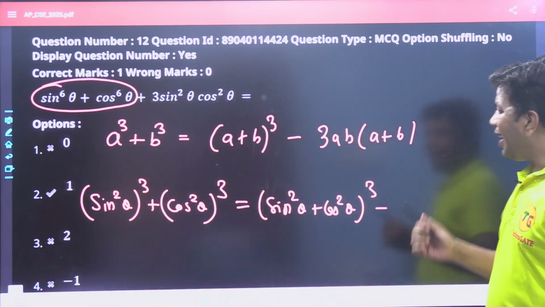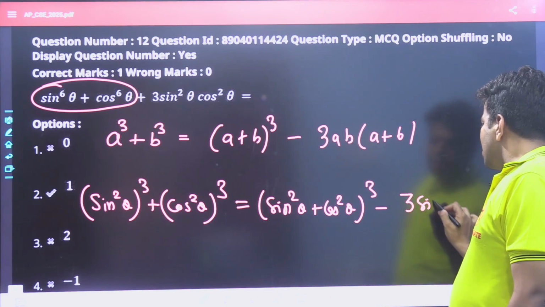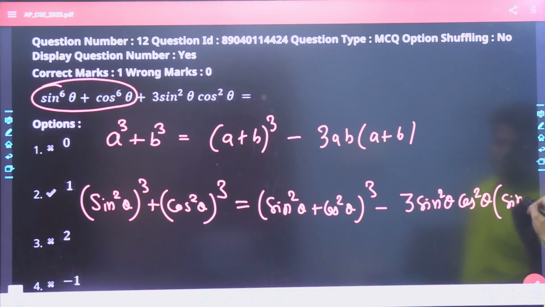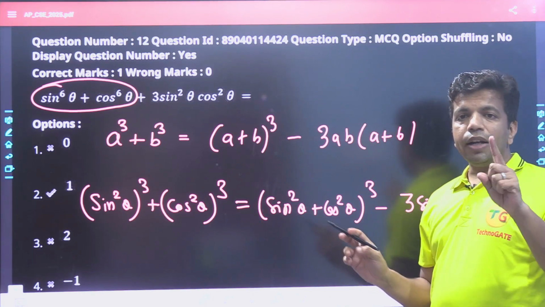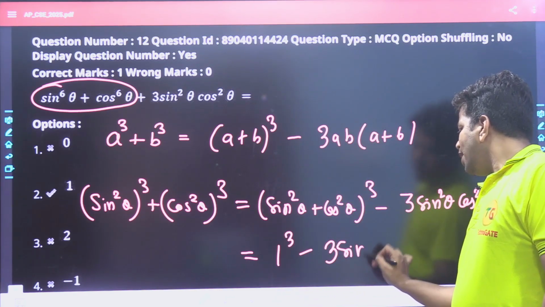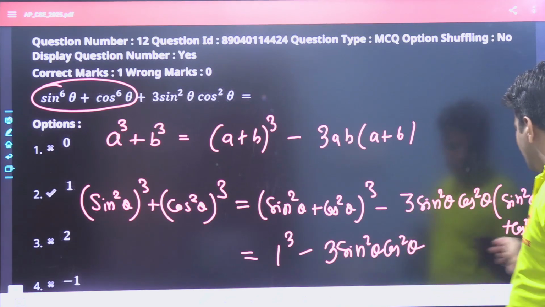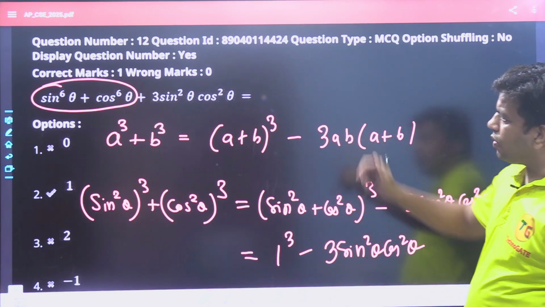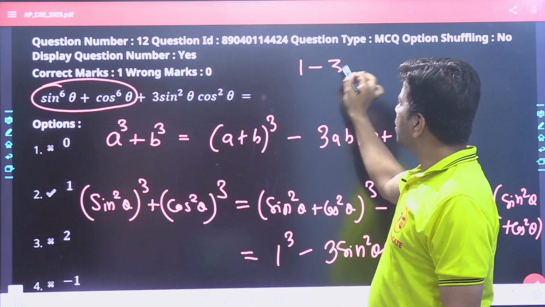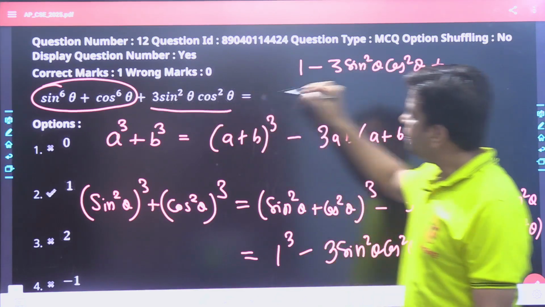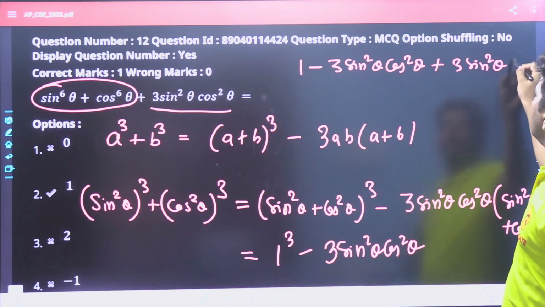As we know that sin square theta plus cos square theta becomes 1, so it is 1 cube minus 3 sin square theta cos square theta, plus 3 sin square theta cos square theta.